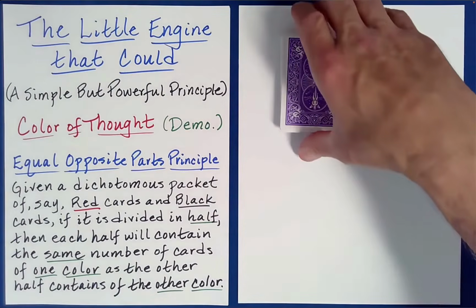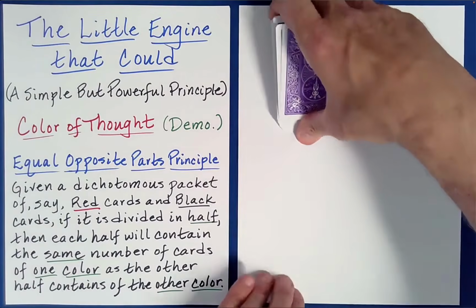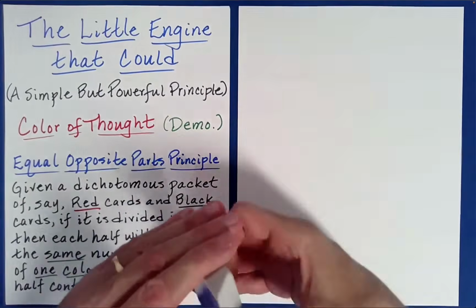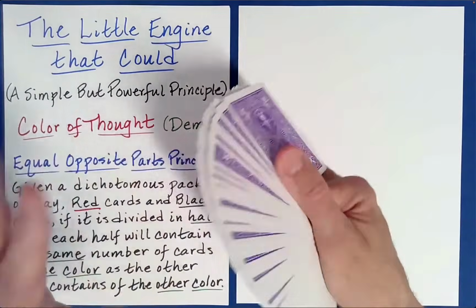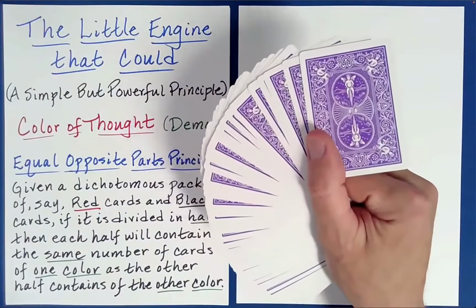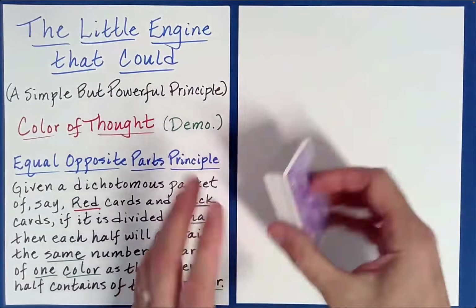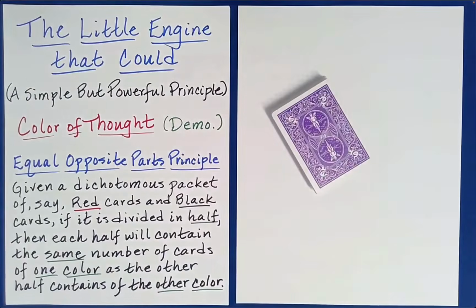So what that means relative to red and black cards, which is really what we took advantage of here, is we know that in a deck of cards, there are 26 red cards and 26 black cards. So the deck is evenly divided by color. That's a prerequisite here.